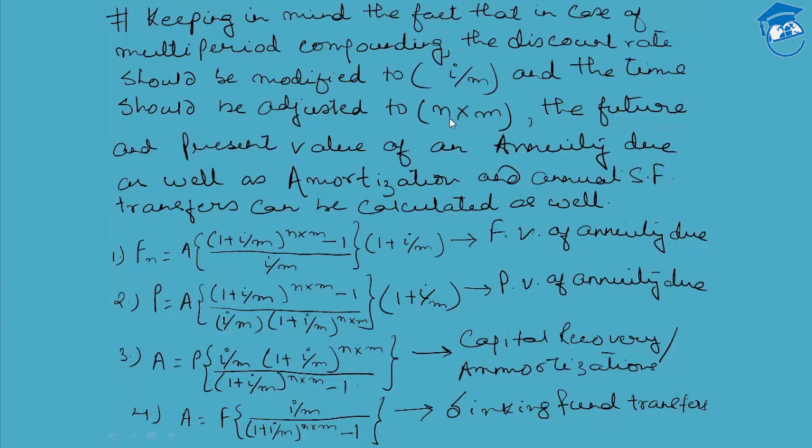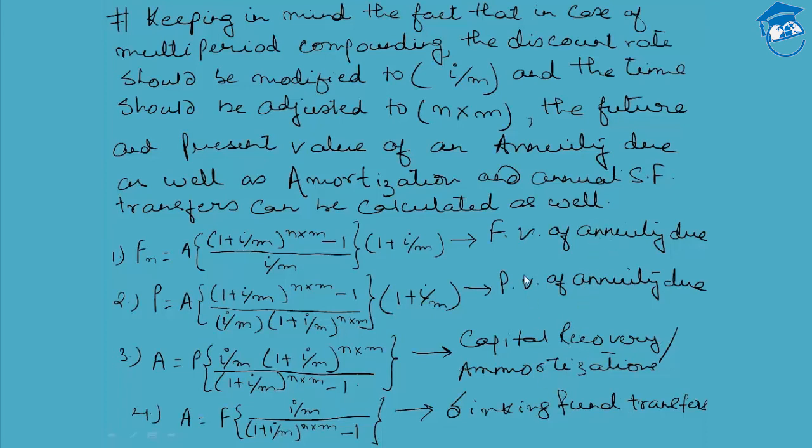So in all the formulas, you shall be just seeing right over here, all the formulas under the conditions of an annuity due: calculating the future value of an annuity due, the present value of an annuity due, capital recovery or amortization, and sinking fund transfers. We have discussed at length all the concepts.